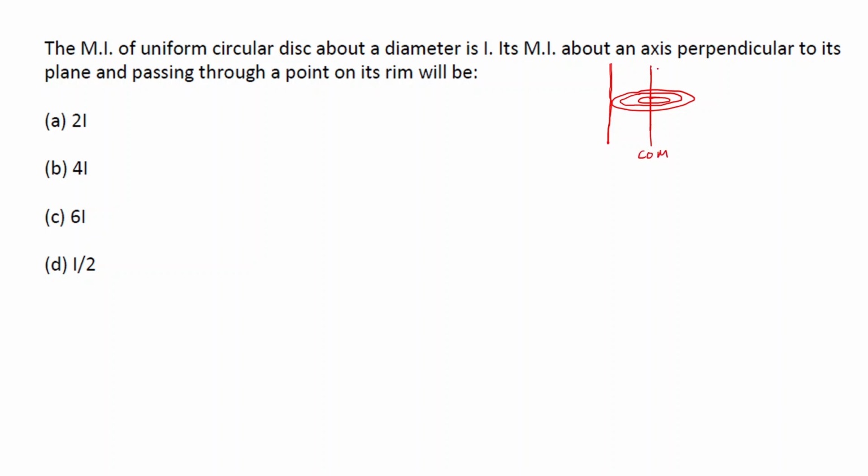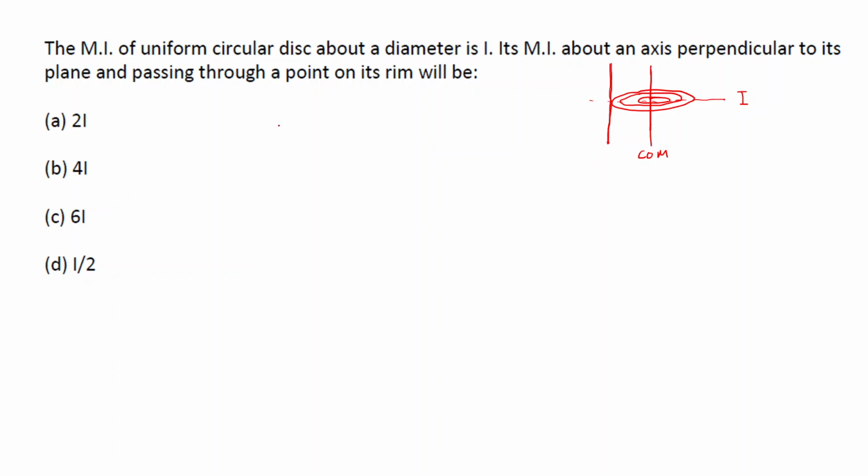We have been told that the moment of inertia of the uniform circular disk about a diameter is I.